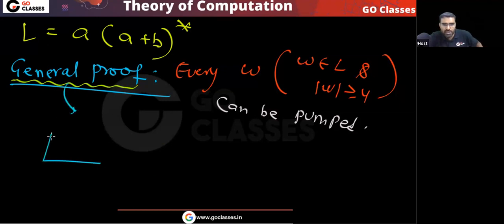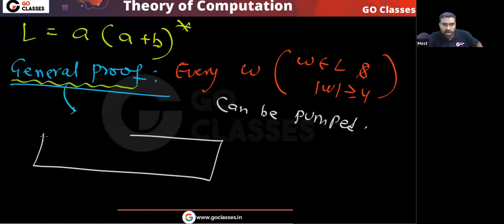Whatever candidate string you take, how will it look? Definitely it will look like this: something here, something here, something here. Remember, your candidate string has length at least 4.